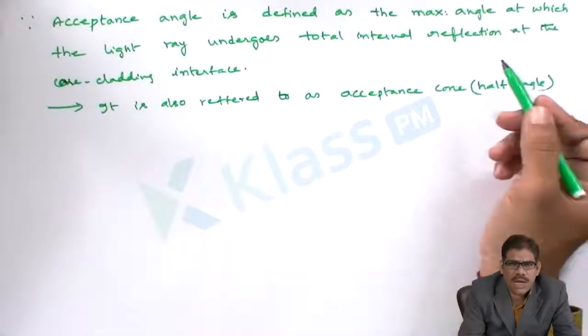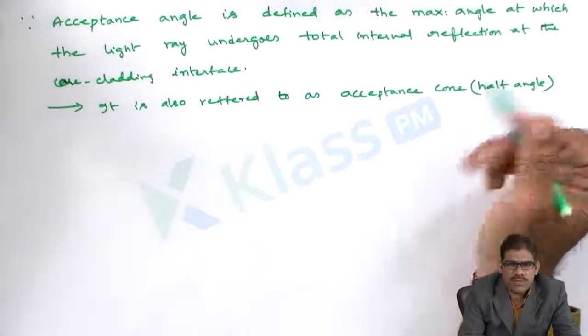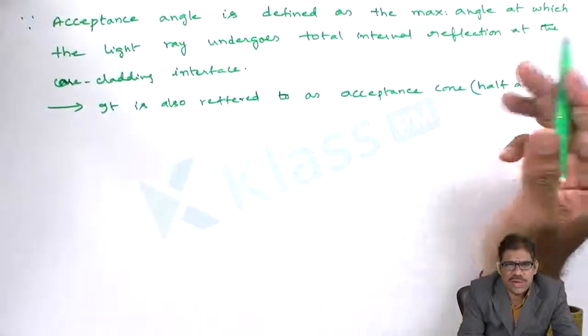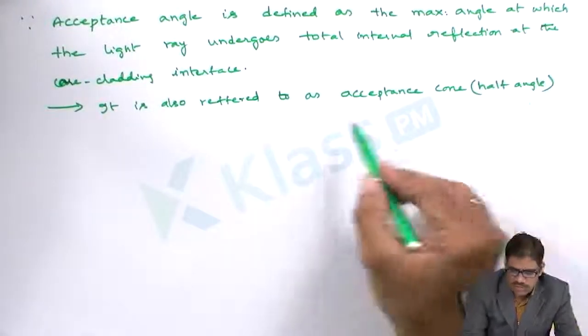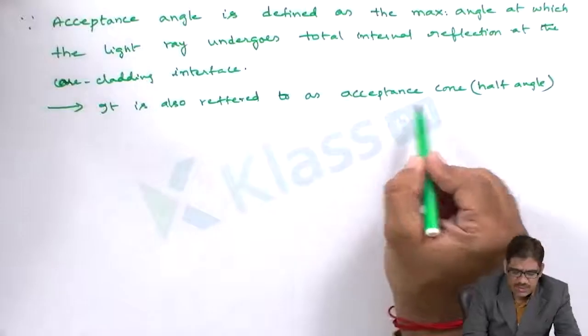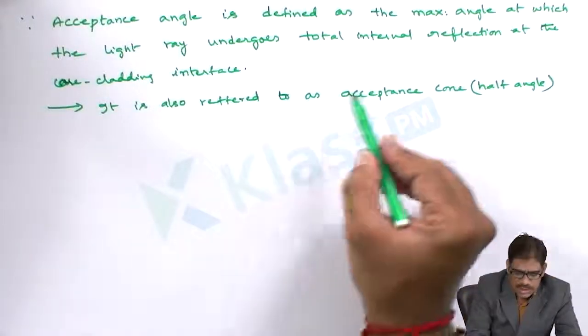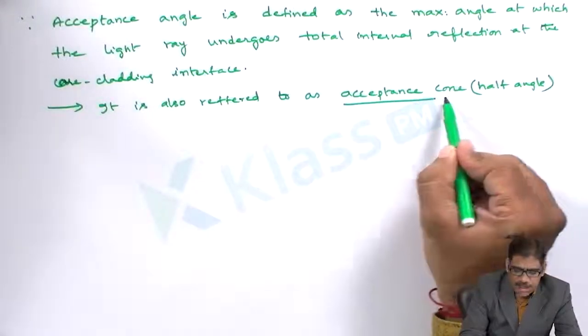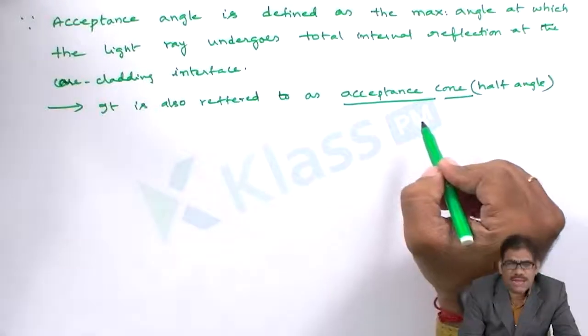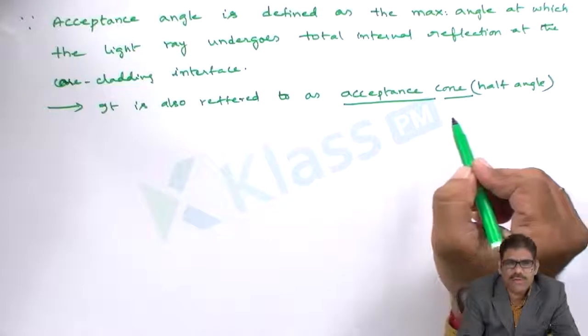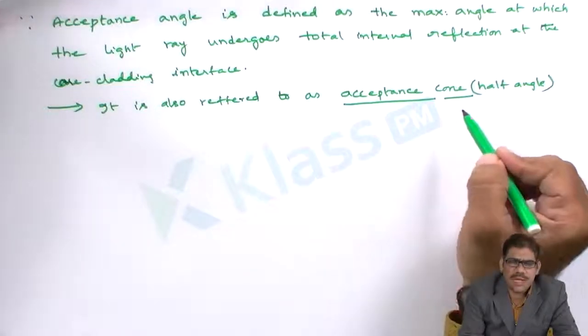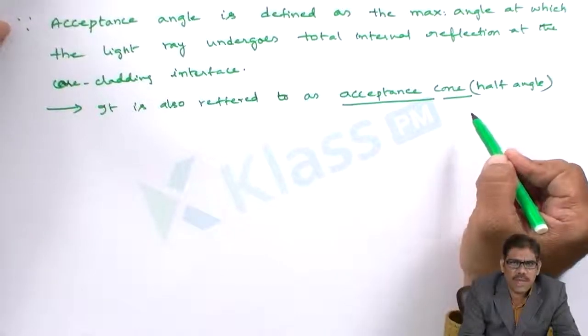The remaining part of the light ray escapes and undergoes refraction back into the cladding surface. So we are referring to it as the acceptance cone half angle. So this is the part which we expect for the acceptance angle and acceptance cone half angle. This is how we finish the acceptance angle and acceptance cone in the case of an optical fiber.